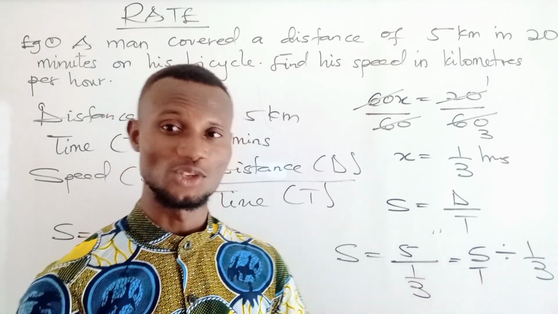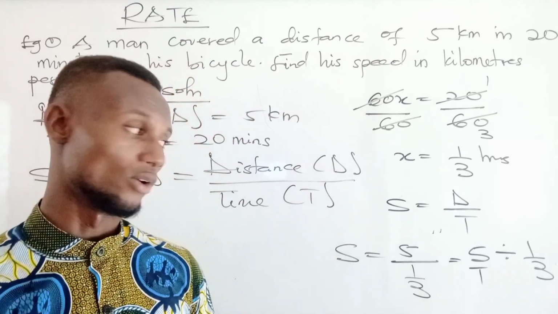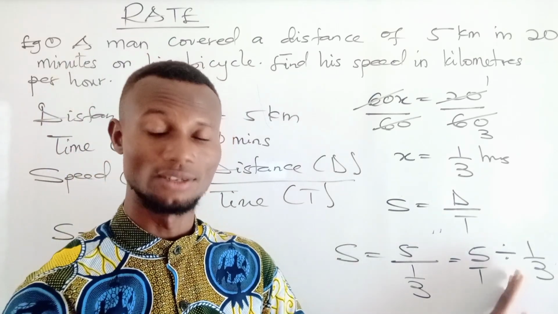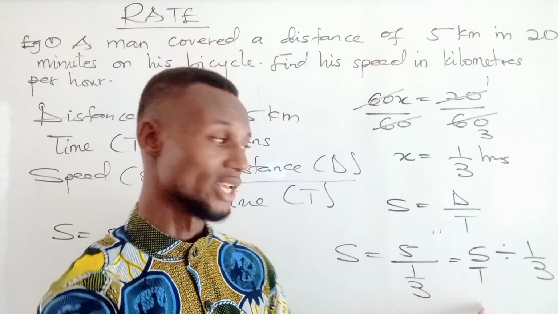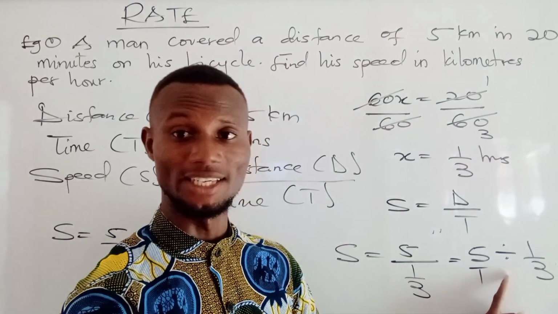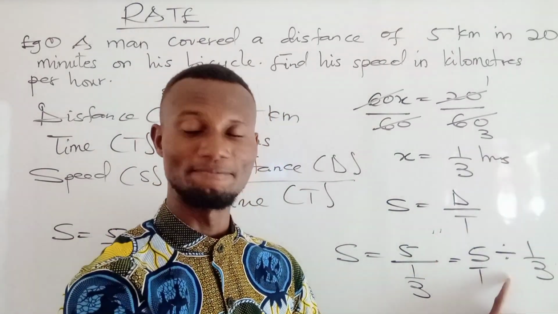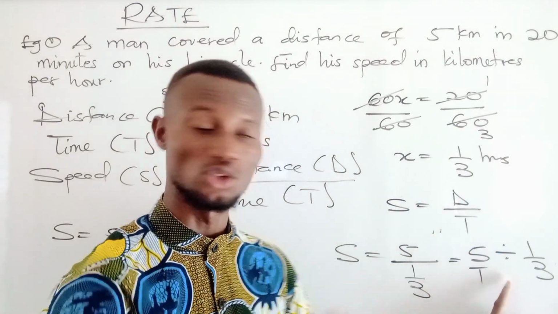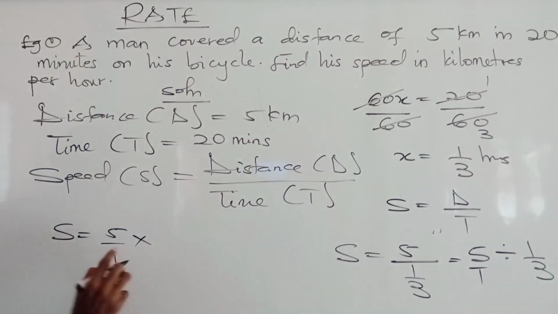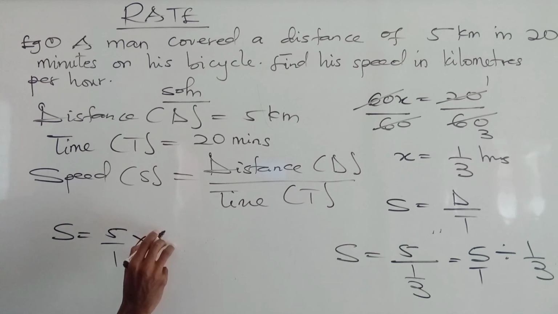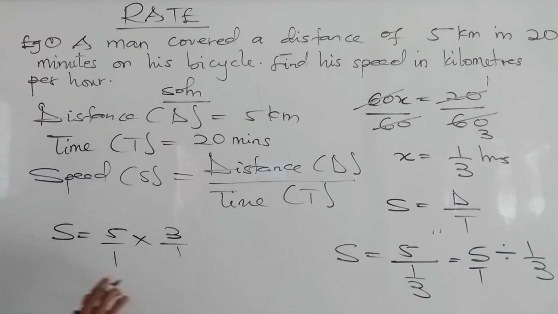So we are applying that knowledge here. So I'm going to have 5 over 1 times 3 over 1.